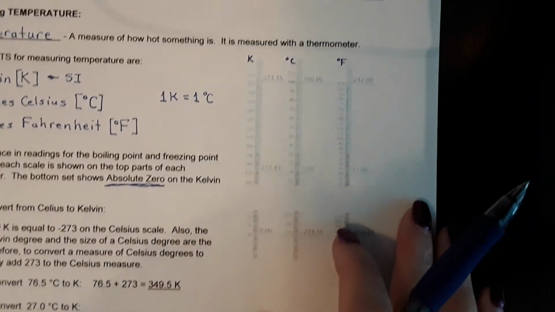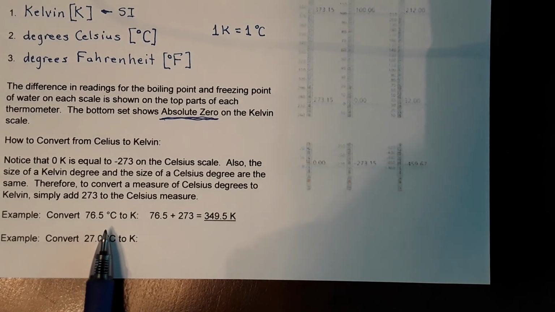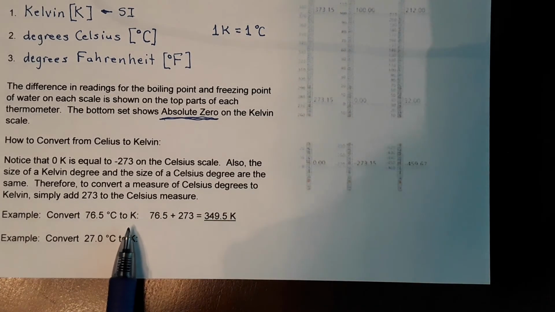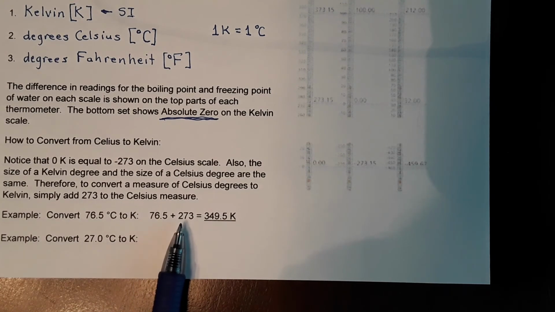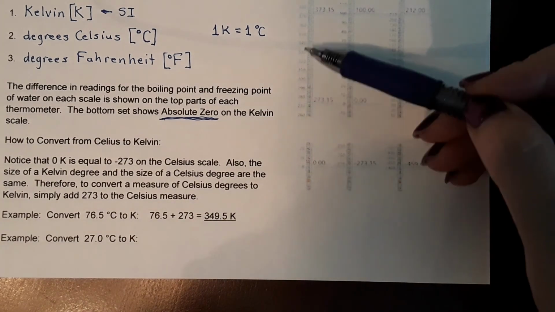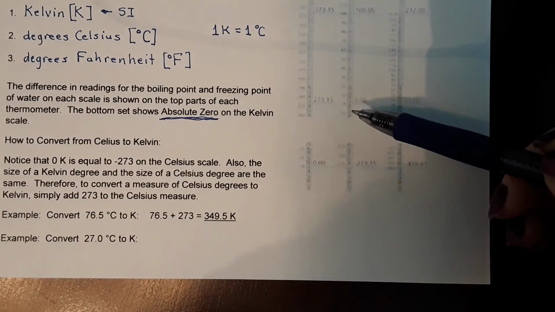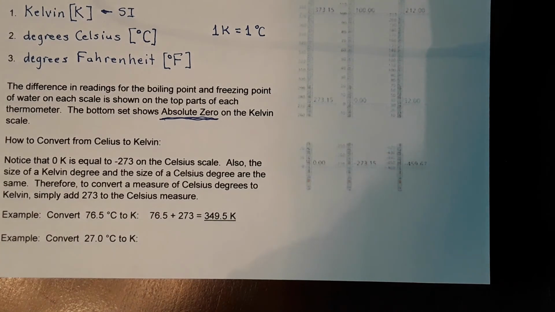So look, for example, right here. If we had 76.5 degrees Celsius and we wanted to convert to Kelvin to use in our formulas, since Kelvin is the SI unit, then we would take 76.5 and add 273 to it, and that would tell us what it is on the Kelvin scale, because it's going to be 273 Kelvin bigger than it would be on the Celsius scale.